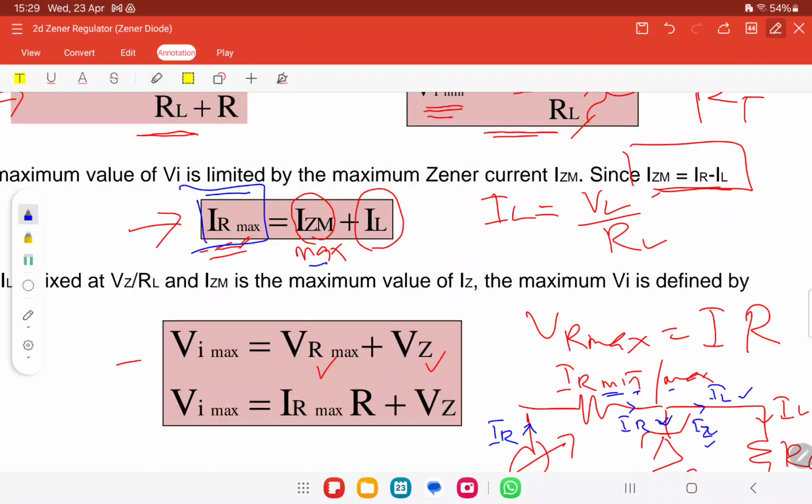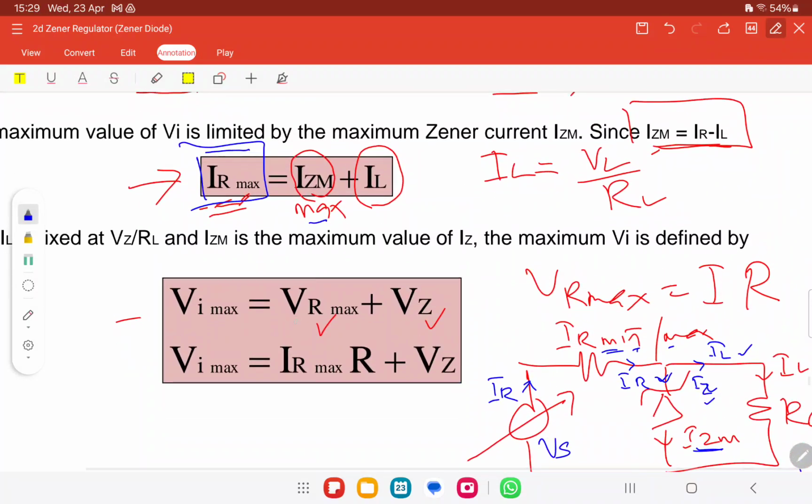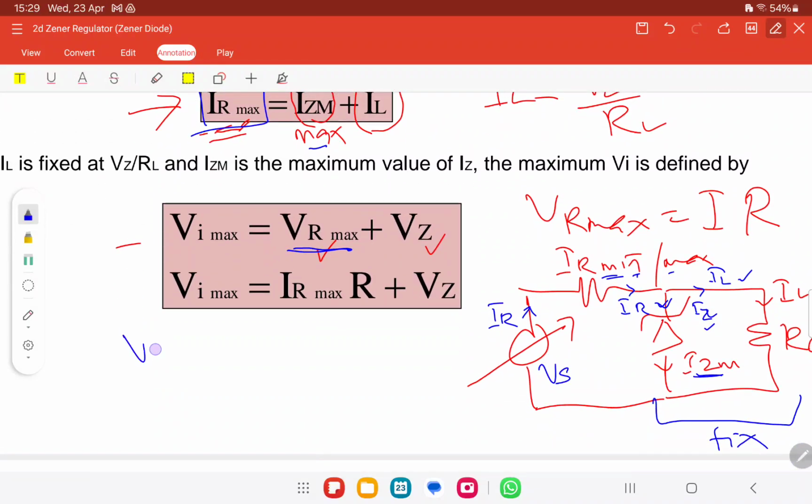Once you get the IR, where do you apply it? Get the VR. Why not use VS equals VR plus VL? It's not that we can't use it. It actually comes from here. But because we don't know this one, we get these two, the ones at the back. Because we vary the supply, we don't know the exact value of the supply.